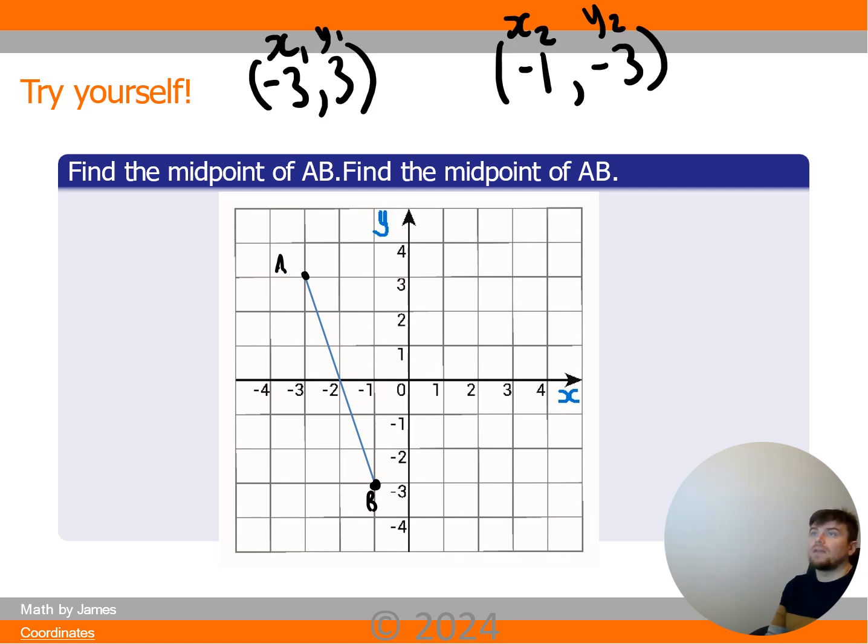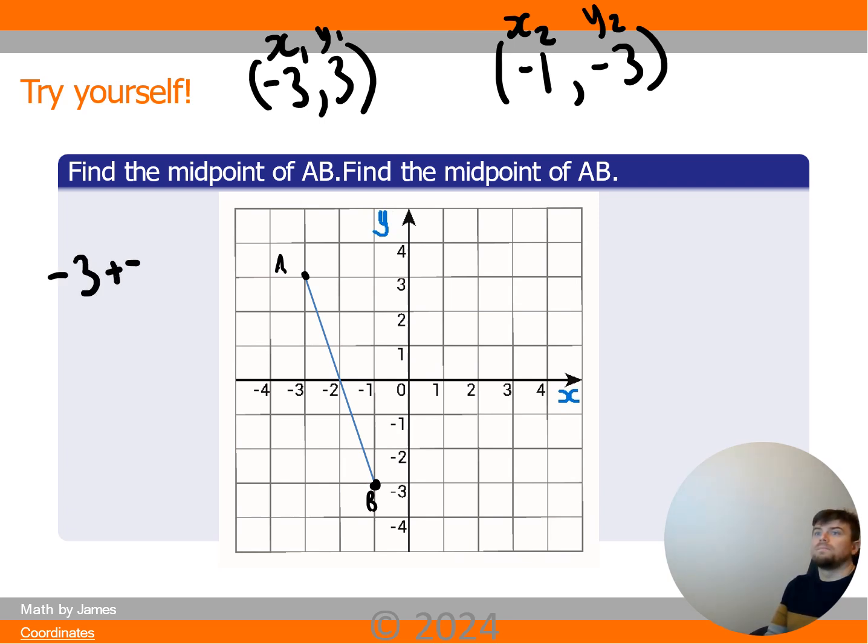So this is x coordinate 1, this is x. So we get the average of this. If you don't understand how to get the average, please do look at our averages video on how we find the mean.